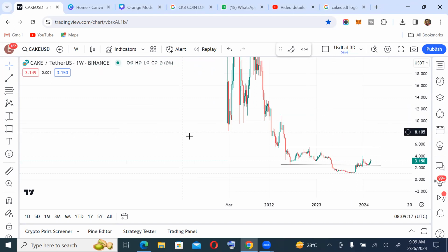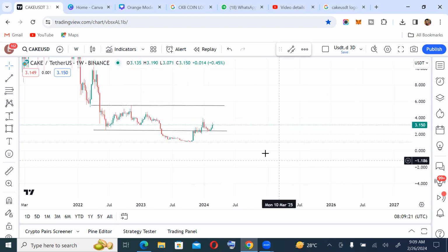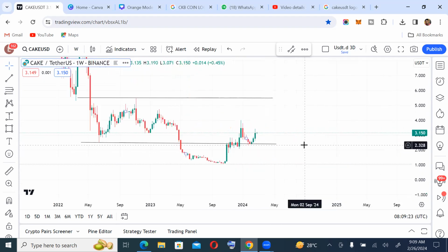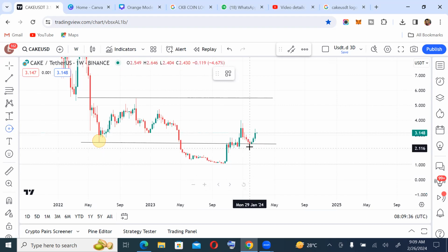Now, first things first, let's see what this reversal chart pattern looks like. Is it an inverse head and shoulders, which is already forming right here? You can see we have something like this. We also have something like this.